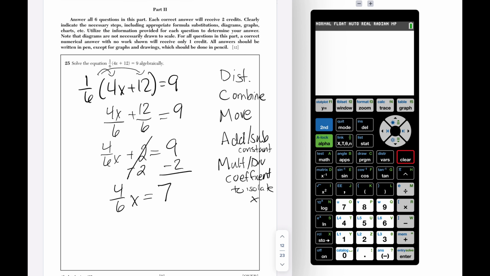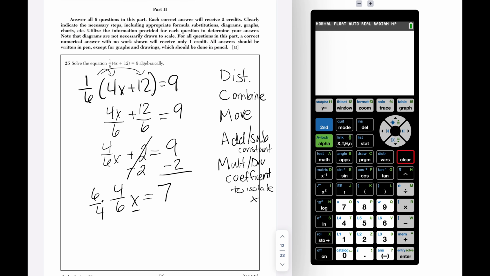And for this one, because I want to isolate my variable, I could either divide by 2/3, and this is where the choice comes in. I could either do 7 divided by 2/3, or I can multiply this by 3/2, and I can multiply this by 3/2. Which would you rather do? Would you rather multiply or divide? I like multiplying with fractions more.